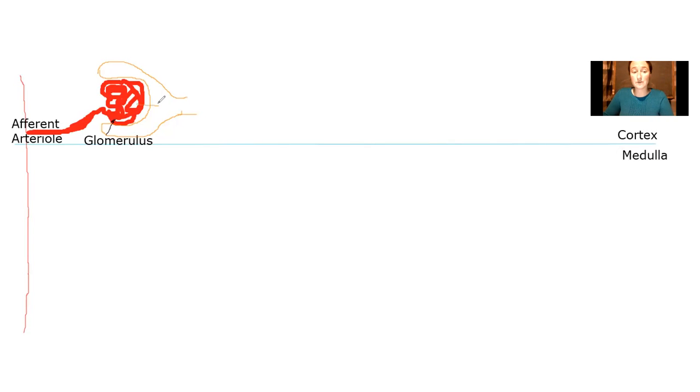So we're going to have stuff, right? Salts and water and anything at all that is within the blood that is small enough to fit through these filtration slits entering into Bowman's capsule. That is this right here.